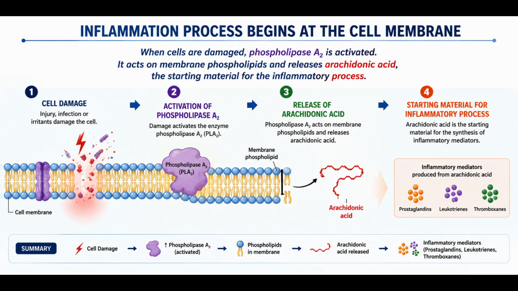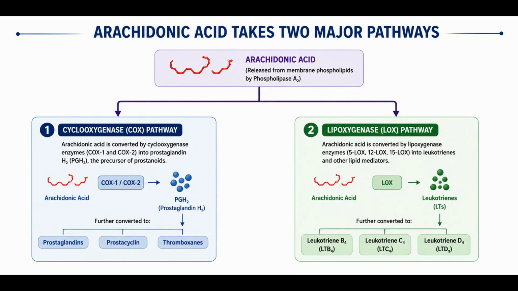From here, arachidonic acid can go down two major pathways. First is cyclooxygenase, that is COX pathway, and second is lipooxygenase, that is LOX pathway. In cyclooxygenase pathway, COX converts arachidonic acid into prostaglandins and thromboxanes, which are responsible for pain, fever, and vasodilation.